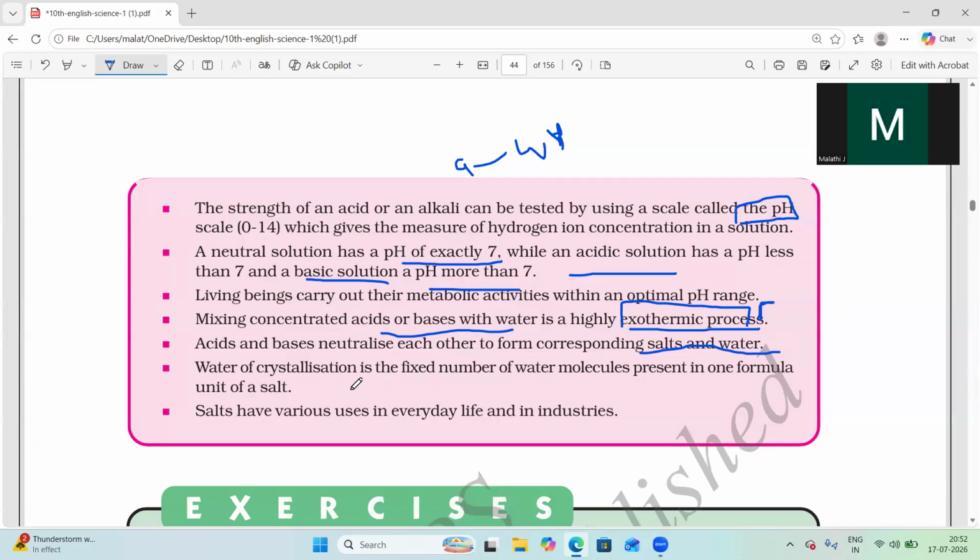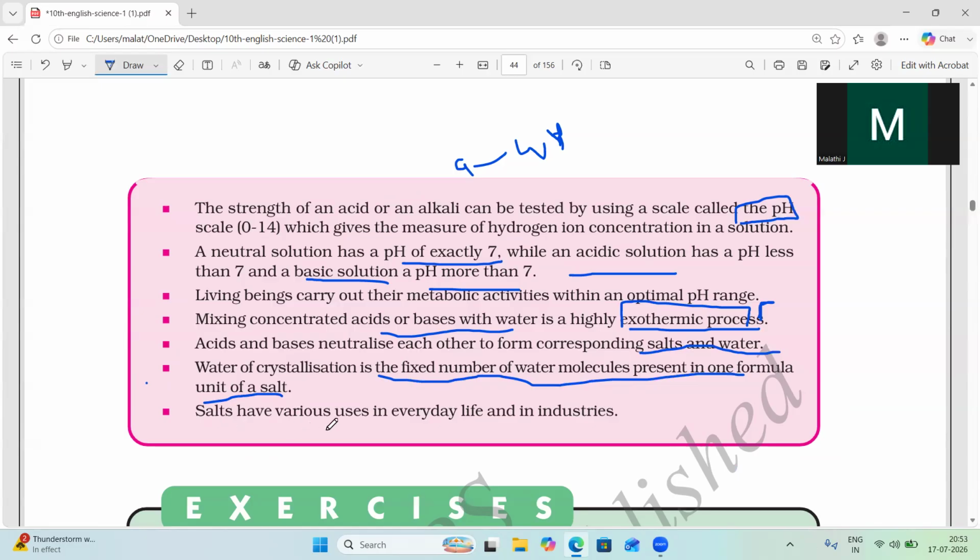Water of crystallization is a fixed number of water molecules present in one formula unit of a salt, such as CuSO4. Whether you take calcium sulfate or copper sulfate, there is a fixed number after the dot, which we write as 2H2O, half H2O, 10H2O. That is called water of crystallization.